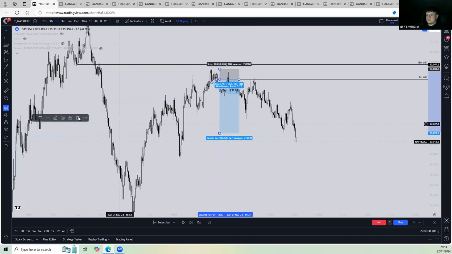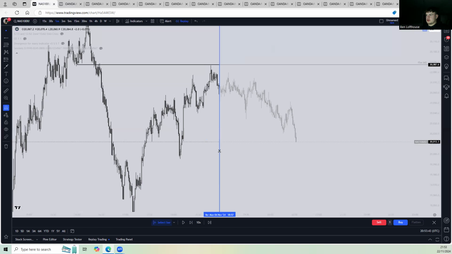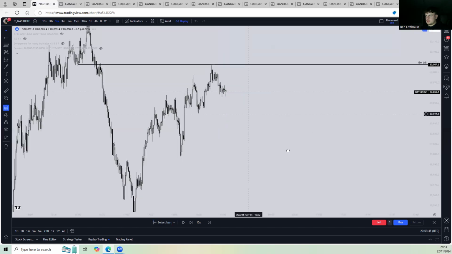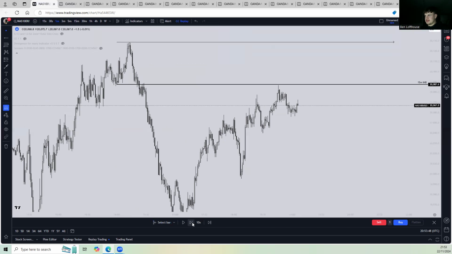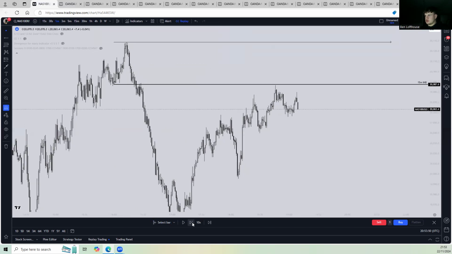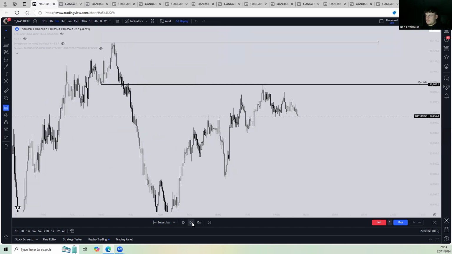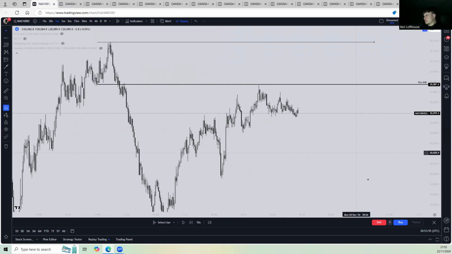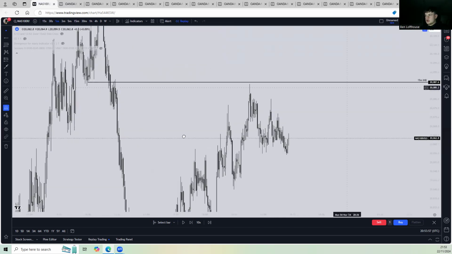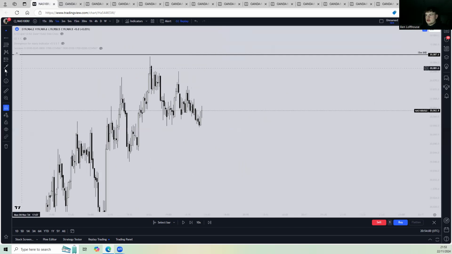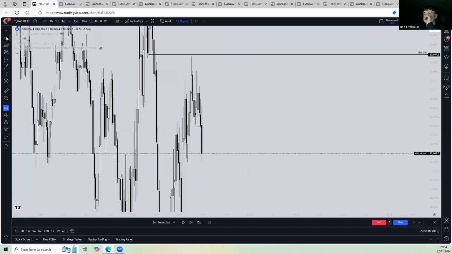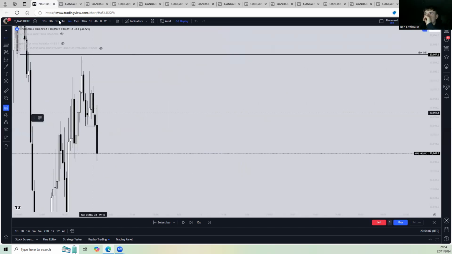So again, let's just pretend that you didn't get that entry. So you didn't like it, you didn't think there was enough confluence. So you're looking again, 1 minute break of structure. Do we have a 5 minute candle? There we have a 5 minute candle.